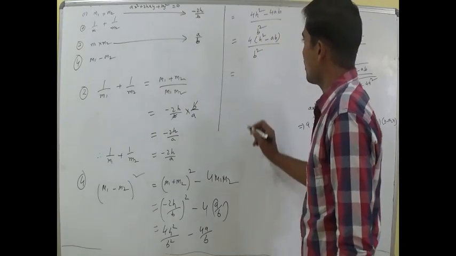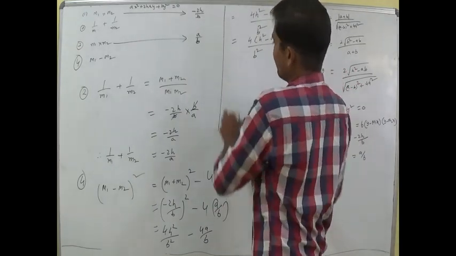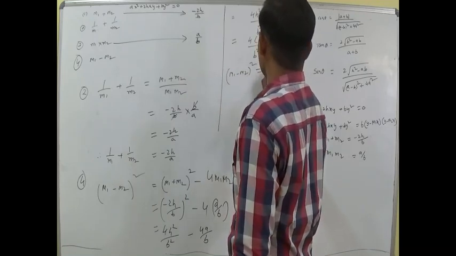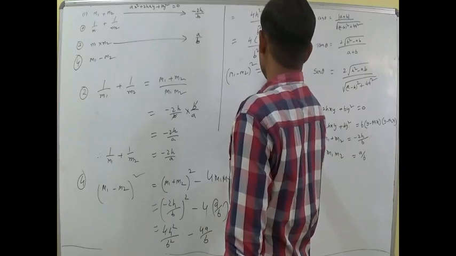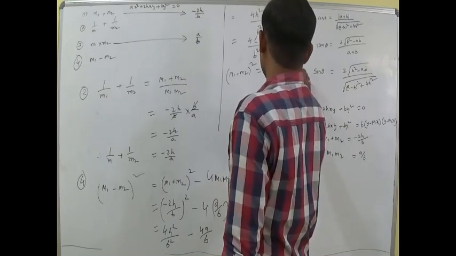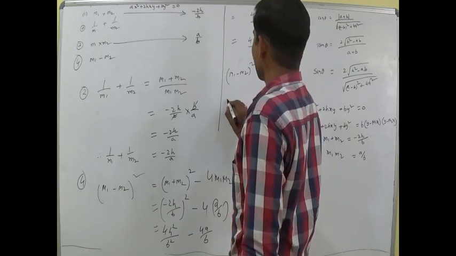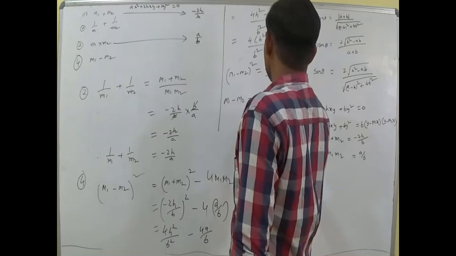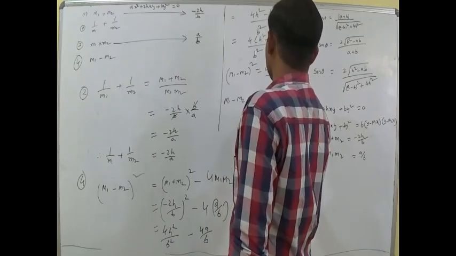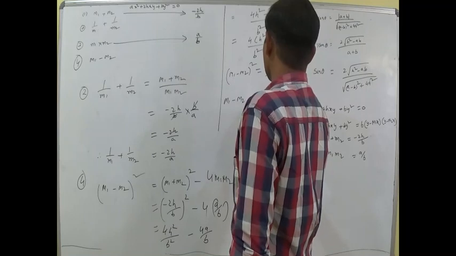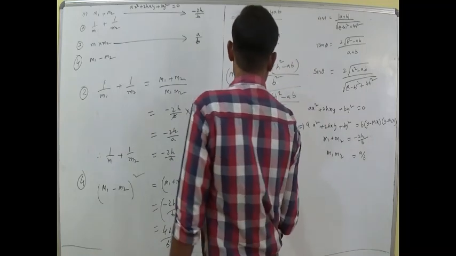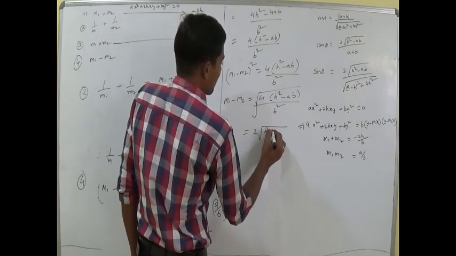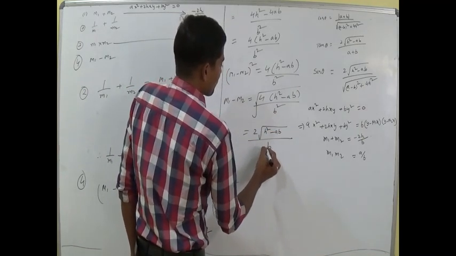So that is the value of m1 minus m2 whole square, equal to 4 into (h square minus ab) by b square. m1 minus m2 equals the square root of 4(h square minus ab) by b square, so 2 square root of (h square minus ab) by b.